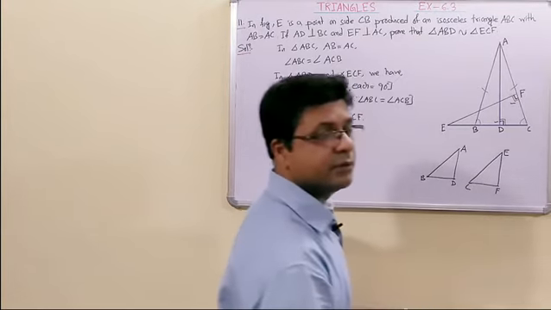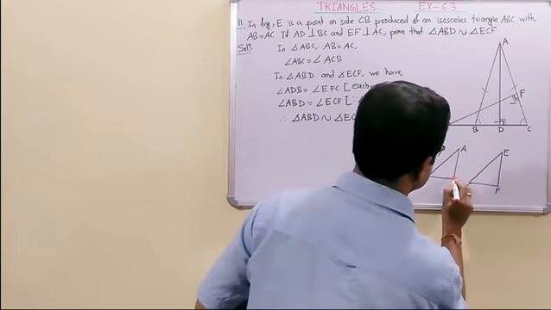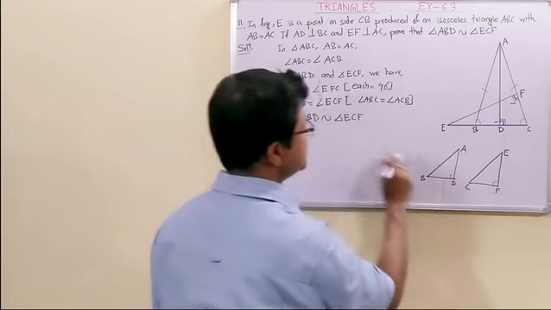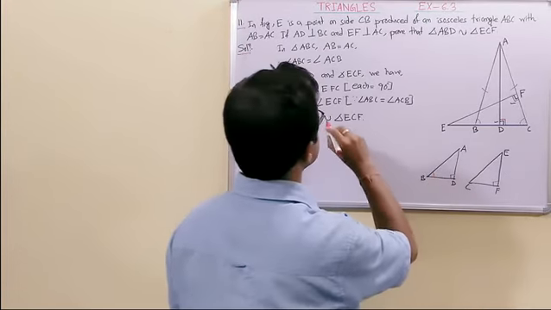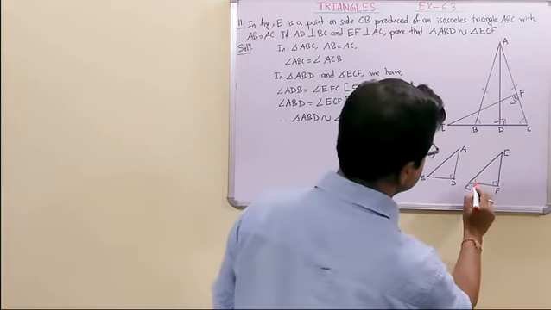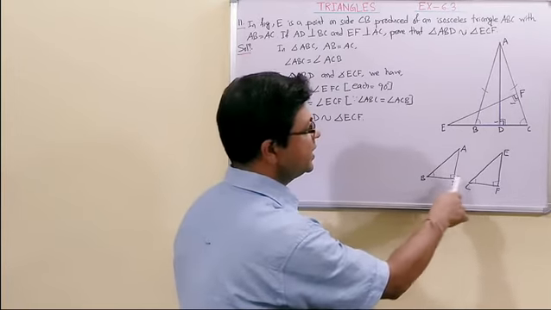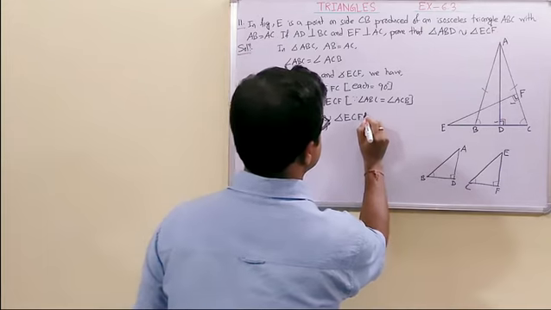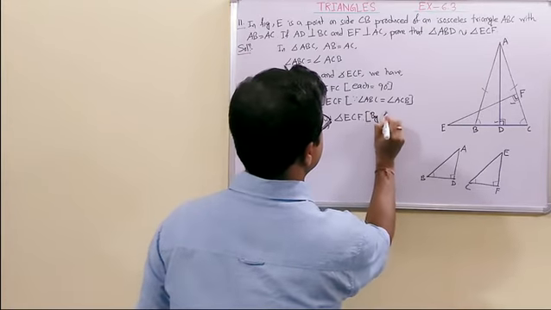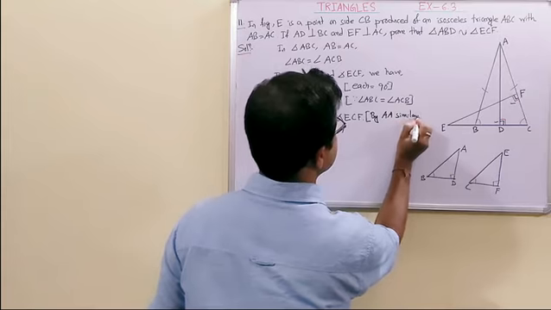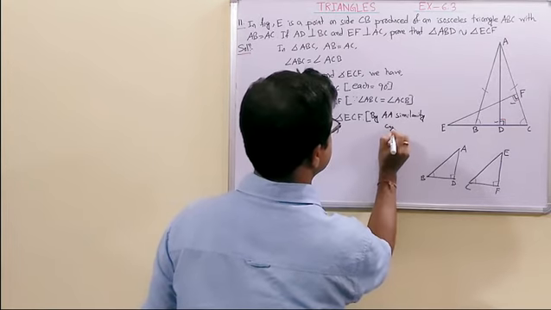So let us note down which angles are equal. Here, this angle is equal to this angle, 90 degrees. Again, angle ABC, so angle B is equal to angle ACB, angle C. So you can see they are similar by which criteria? Angle similarity. Now let us write the reason: by angle similarity criteria.